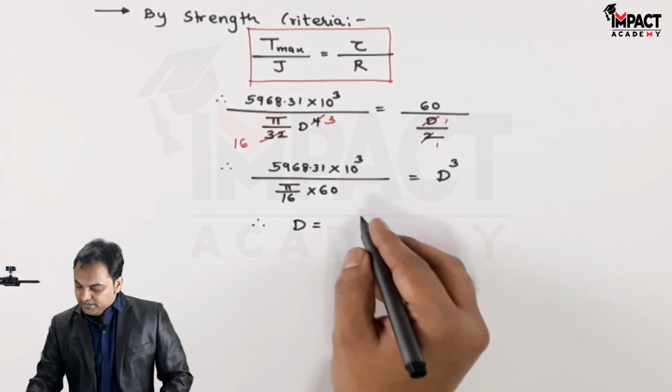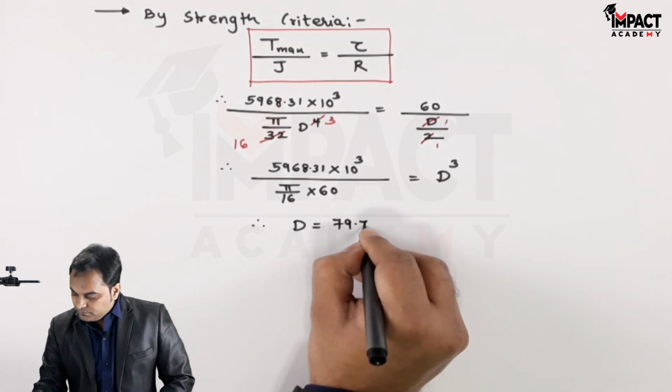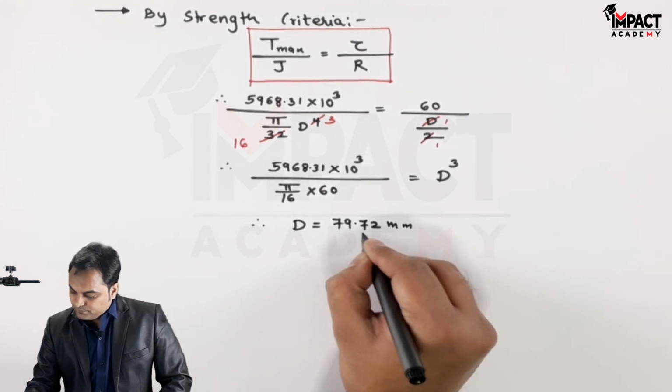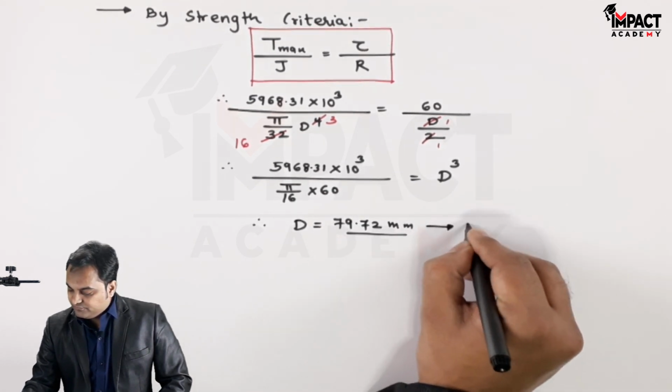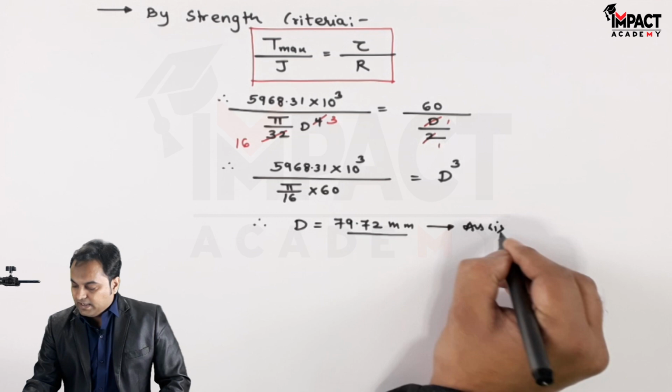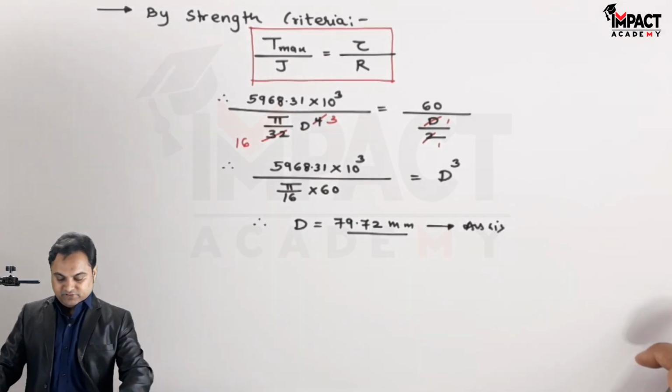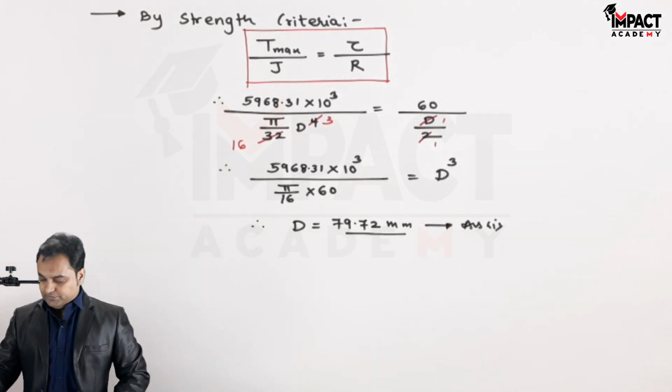79.72 mm. So that's the first answer. And once the diameter is known, I can draw the diagram of the solid circular shaft indicating the diameter over it.